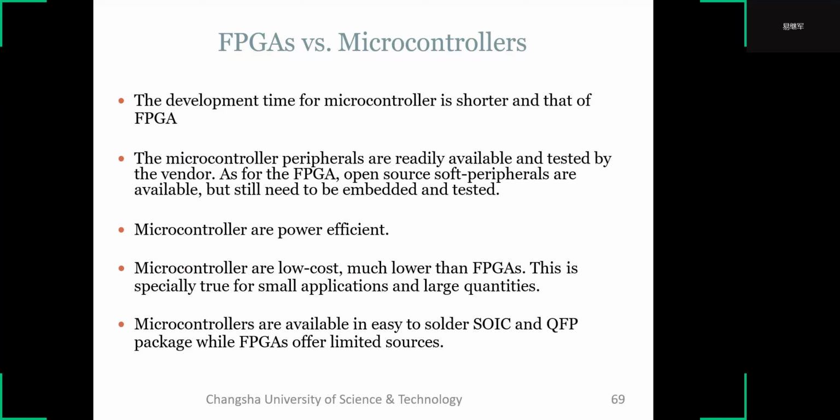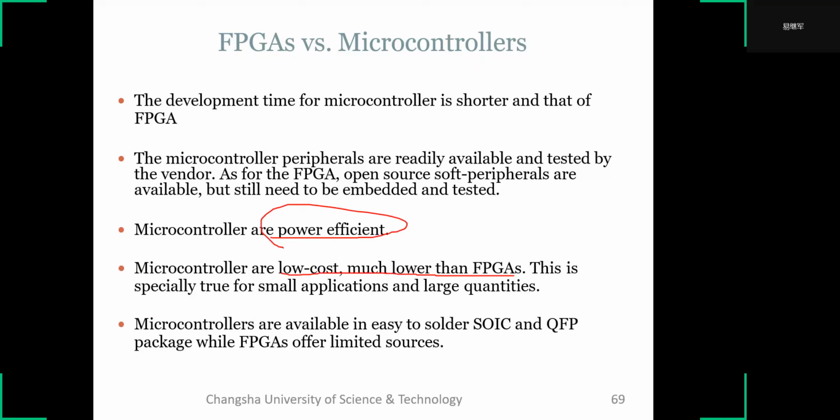As for the FPGA, open source software peripherals are available, but they still need to be embedded and tested. Microcontrollers are power efficient. Microcontroller cost is much lower than FPGA.